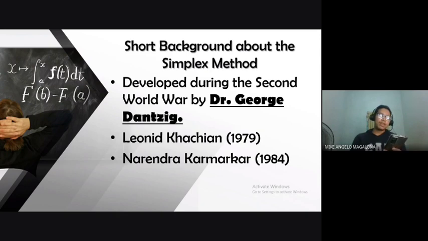In 1984, Narendra Karmarkar, a research scientist at AT&T Bell Laboratories, developed Karmarkar's algorithm, which has been proven to be 4 times faster than the simplex method for certain problems. But the simplex method still works the best for most problems.